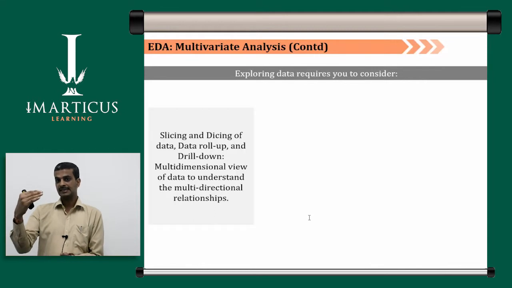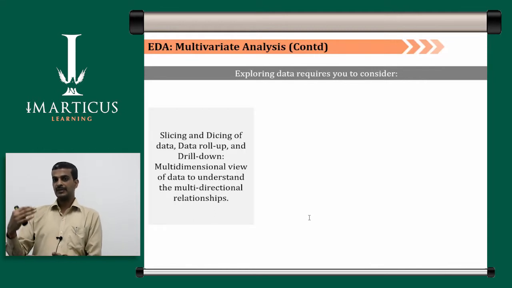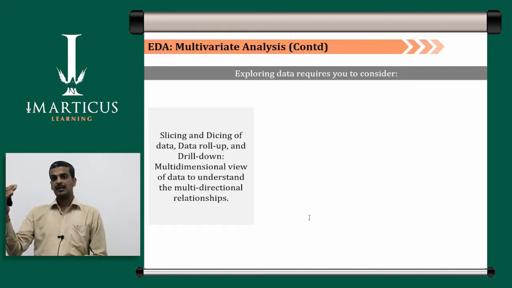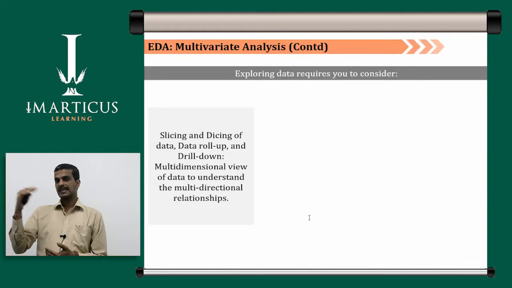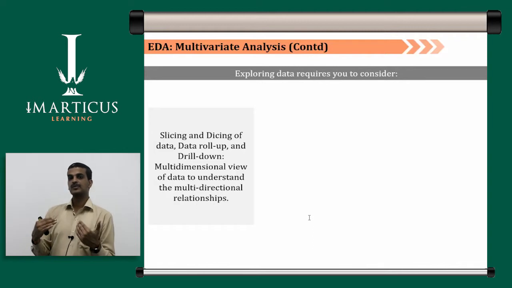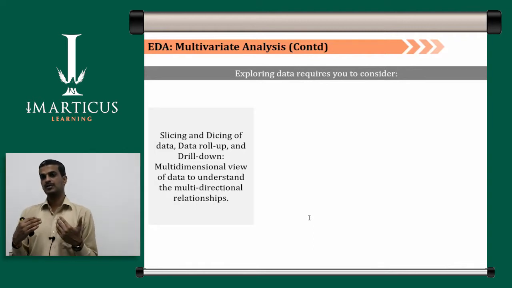You can perform these tasks called roll up and drill down, where roll up is converting the most specialized data to its most summarized form, and drill down is exactly the opposite of it. It is converting the most summarized data to its most granular view or the most specialized view.